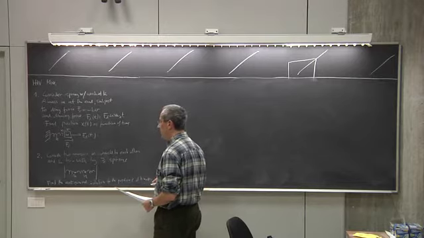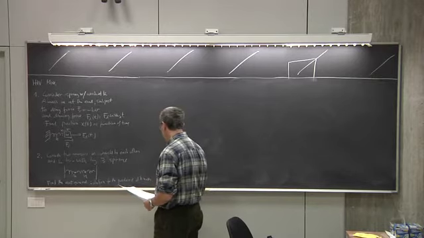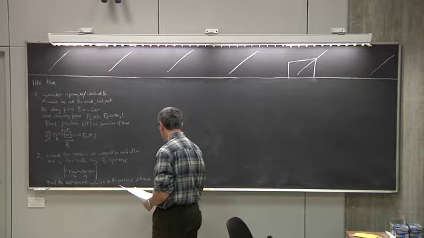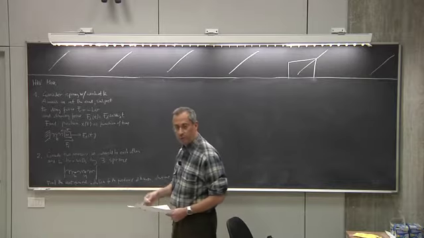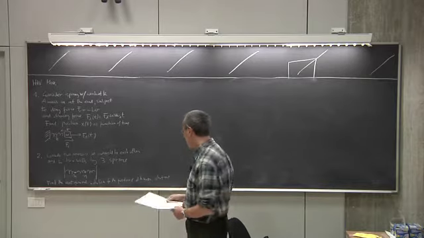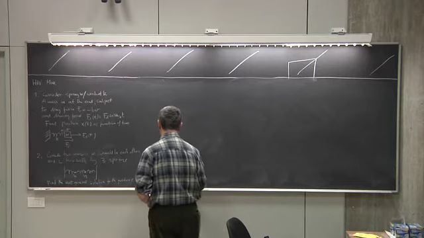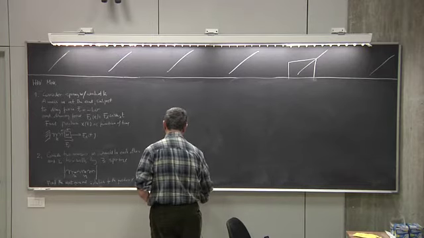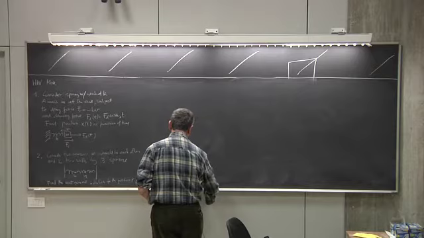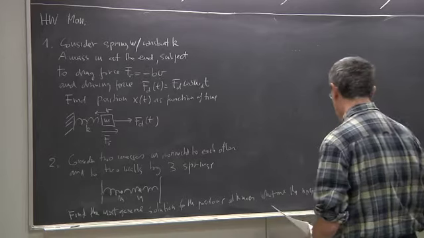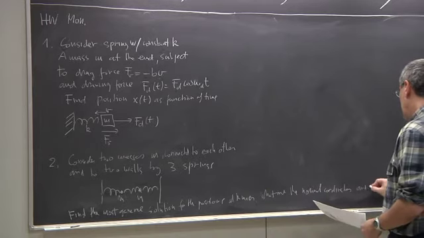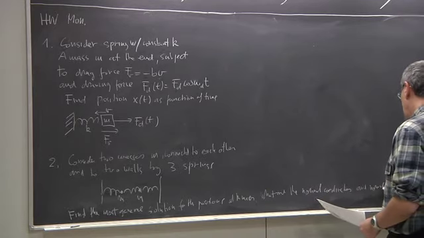And then, what are the normal coordinates? Well, you don't know yet what that is, but it's what we are going to do today. So what are the normal coordinates and normal modes?